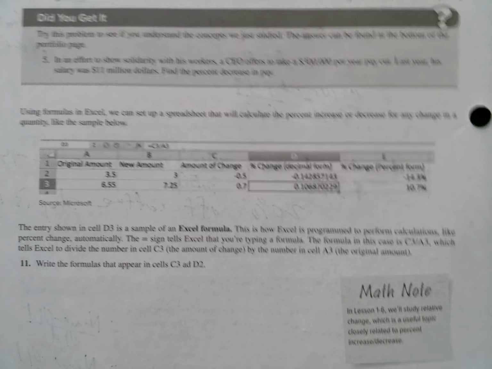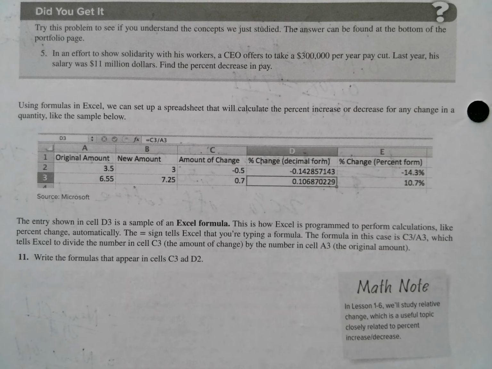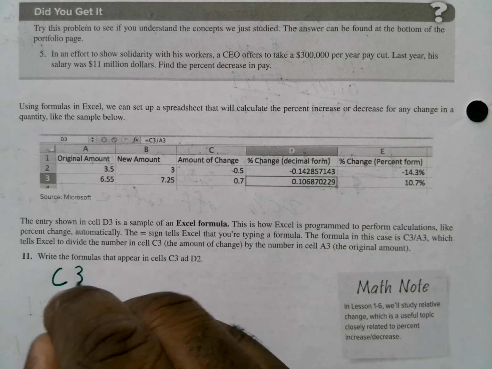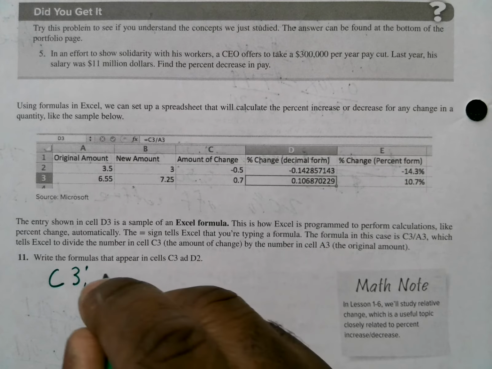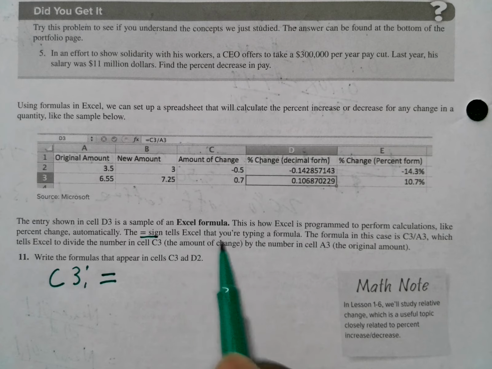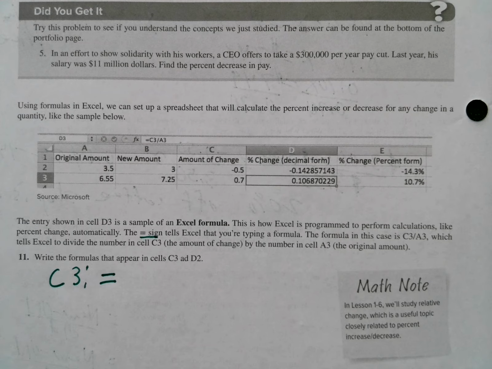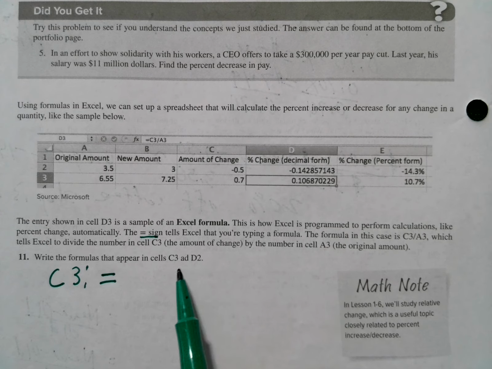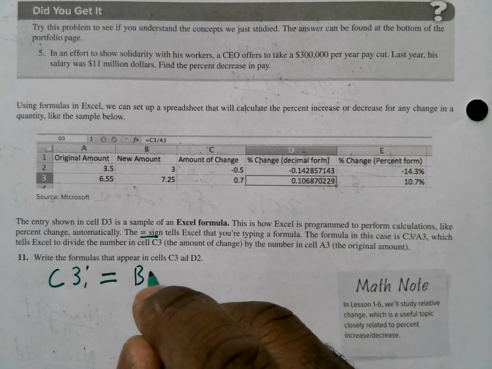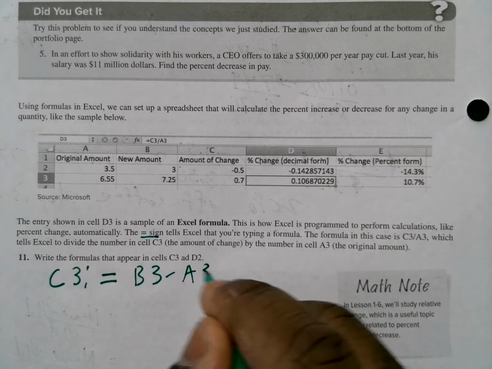It says write the formula that appears in C3 and D2. So in C3, the formula would start off with the equal sign, because that's what was told. The equal sign tells Excel that you're typing a formula. Then, since we're going here to C3, we would want to take B3 minus A3.